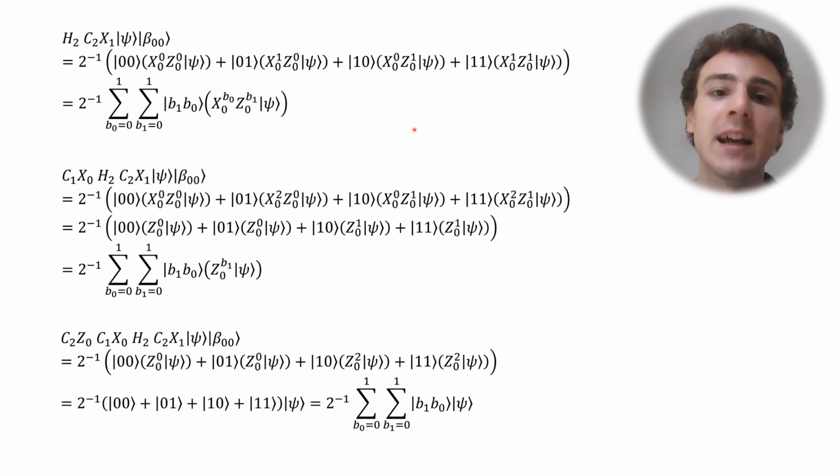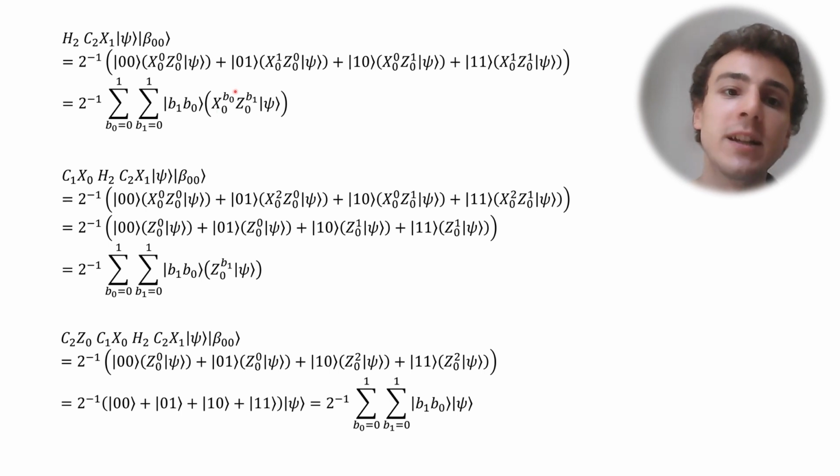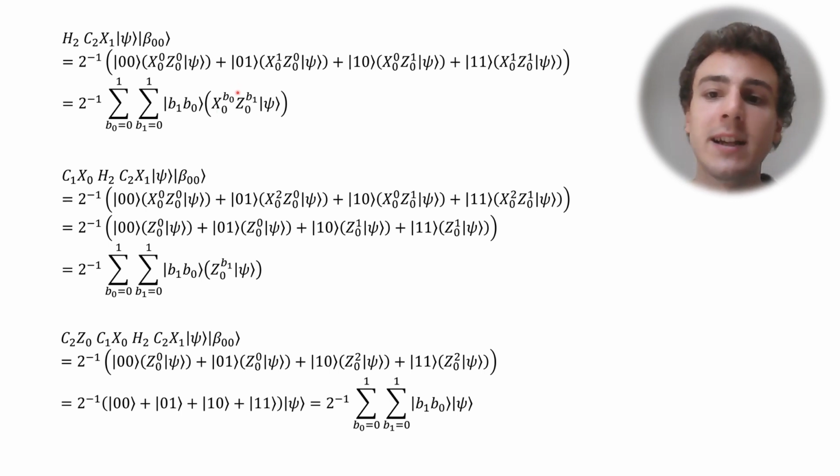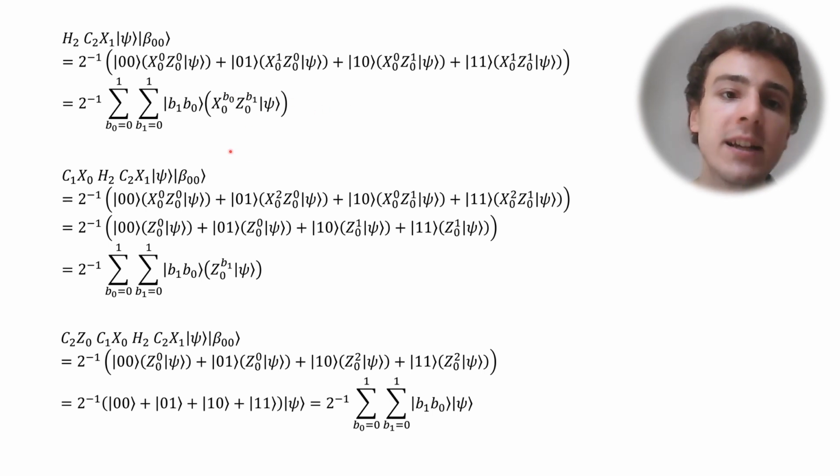And these exponents tell us whether we're applying bit flips and phase flips. So the Pauli X gate corresponds to a bit flip, and the Pauli Z gate corresponds to a phase flip. If the exponent is 0, that means we don't apply it, and if the exponent is 1, it means we do apply it. So let's see how we can get rid of these Pauli gates.